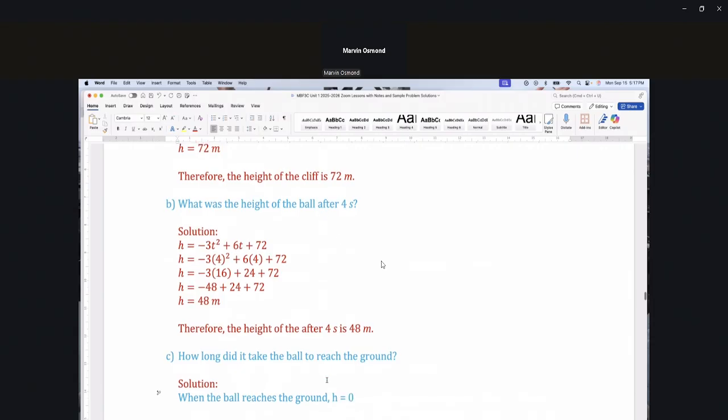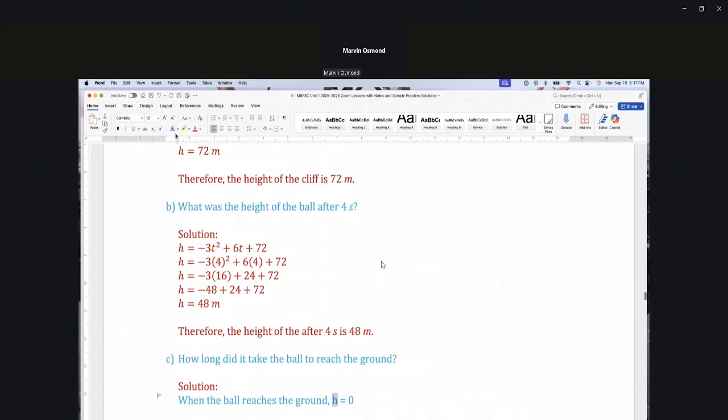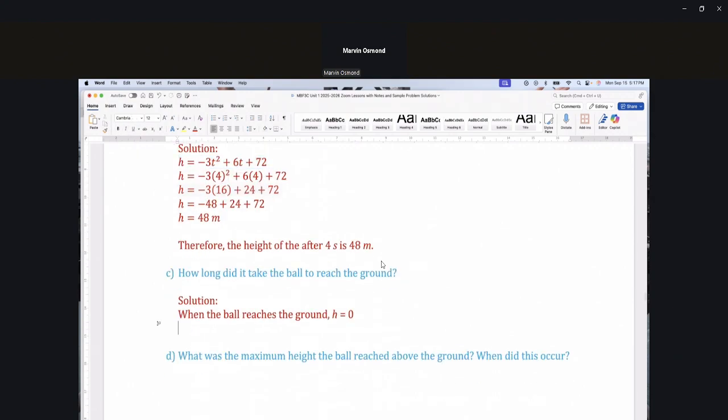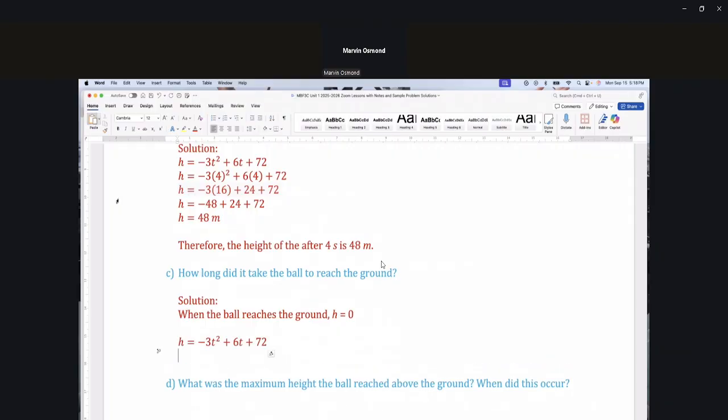So height of the ball is going to be 0. So again, let's make this red. So now again, what we need to do is start off with the original equation and put it in here. So there we go. So now we have to do the substitution. So the ball reaches the ground at H equals 0. So in that case here, H is 0.